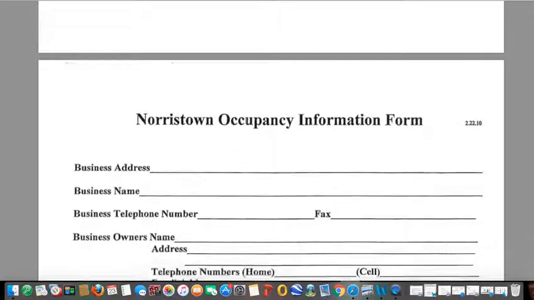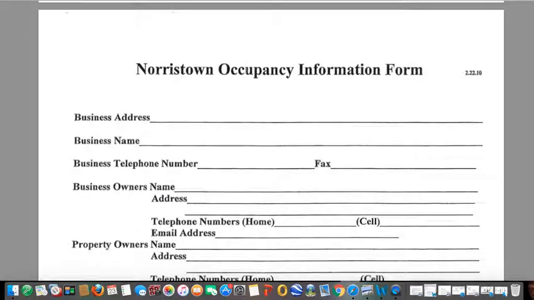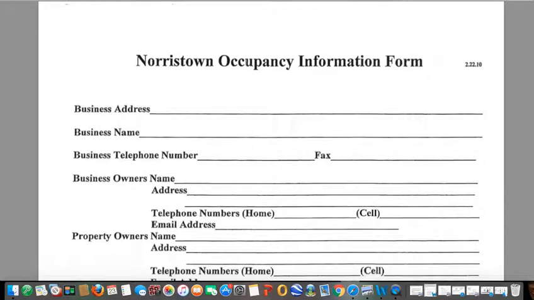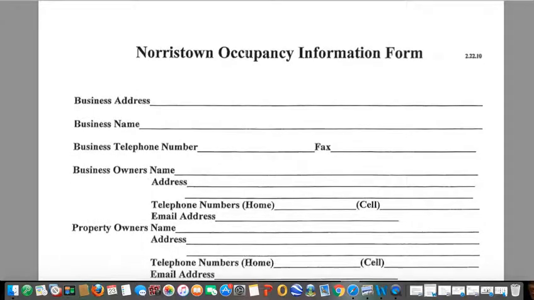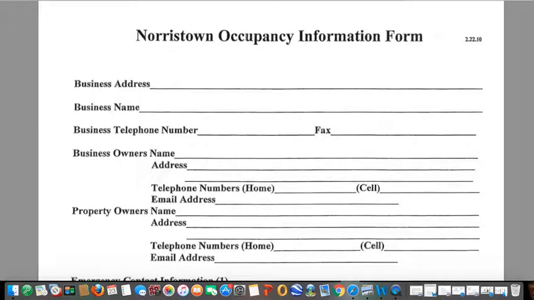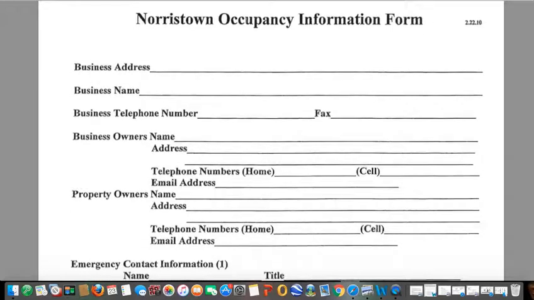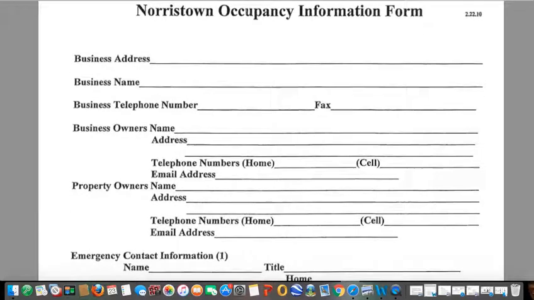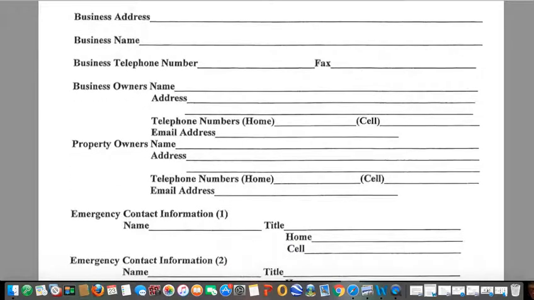Moving right along. Now with Norristown, their application is pretty tricky. You'll find that other townships are way easier. So this one in particular is a little tricky. But not even tricky is the right word. They just ask for too much. The business address, disregard. Business name, disregard. Business telephone number, disregard.